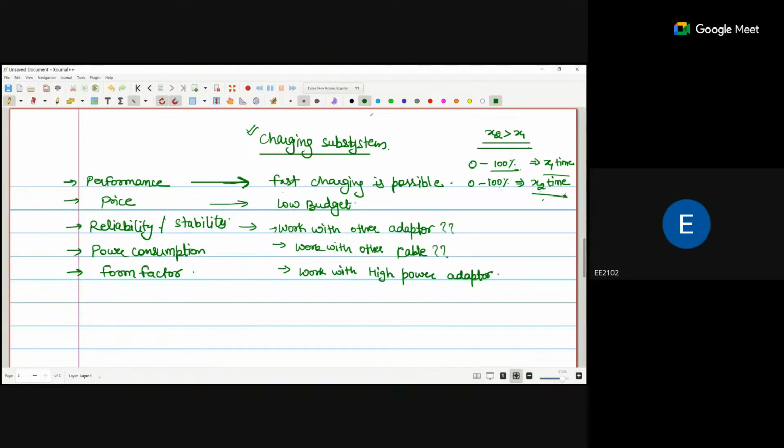What is the meaning of high power adapter? You require 20 watts, you connect a 100 watt adapter. What happens?